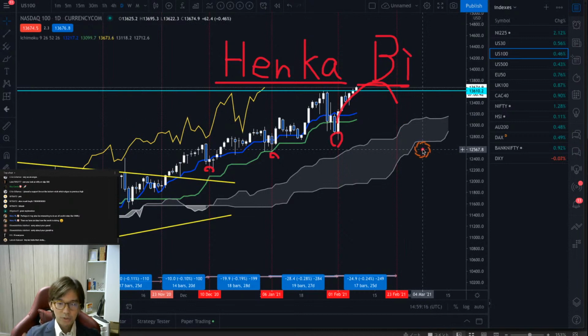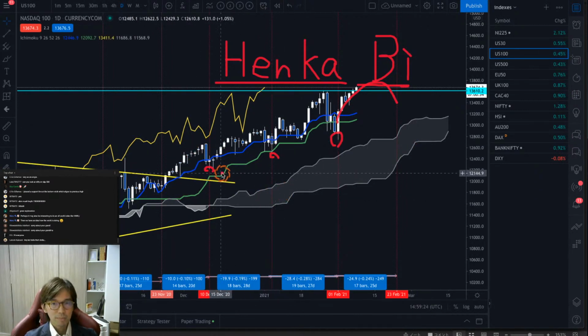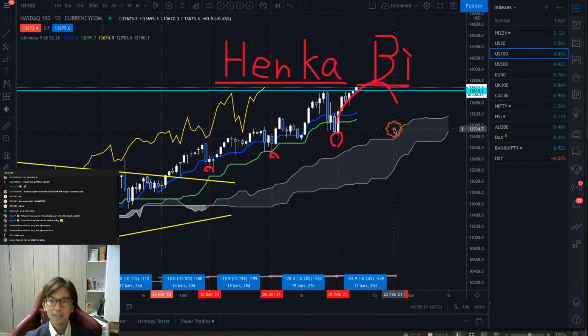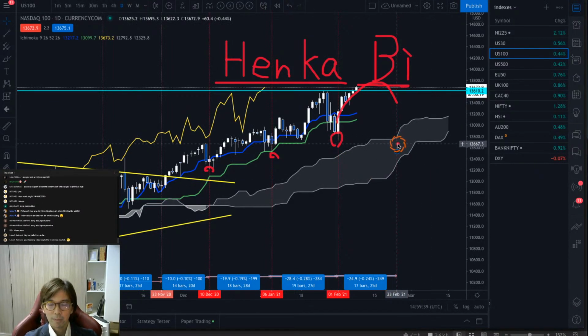You can take the lows and lows, between lows and lows and highs, and if you see the number of candles in between is very similar, then you can expect the next potential henkabi in the future, like this way. So I will keep this vertical line on the 23rd of February.